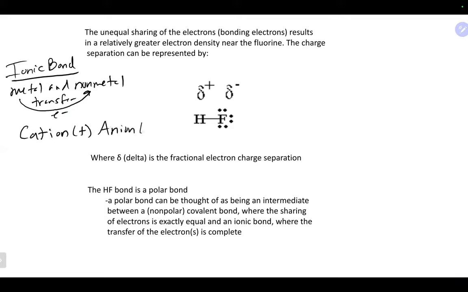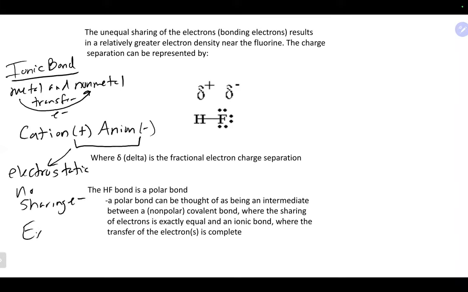And once again, as we talked about, it is that electrostatic attraction that holds it together. No sharing of electrons here. An example would be sodium chloride. So as soon as you see metal, non-metal, it's going to be this situation. We get full charges because electrons are fully transferring from one to the other, like the original structures we were drawing at the beginning today.